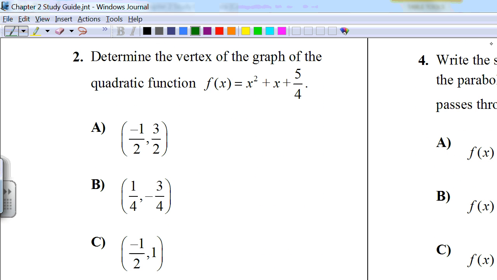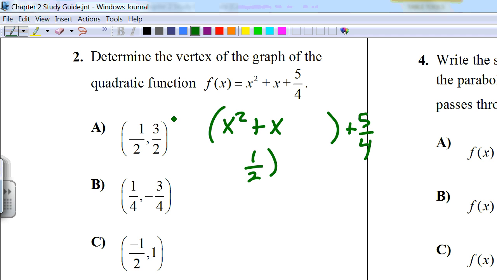Number 2, we're going to go back over to this side of the page. Determine the vertex of the graph of this quadratic function. Well, we complete the square. So we have x squared plus x plus 5/4. The coefficient of the x is 1. Divide that in 2, we get 1/2.